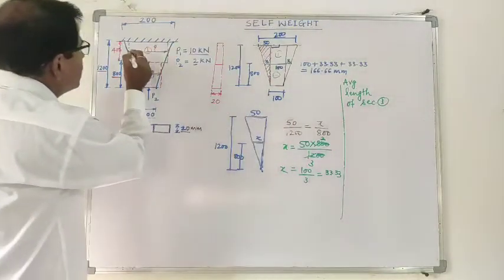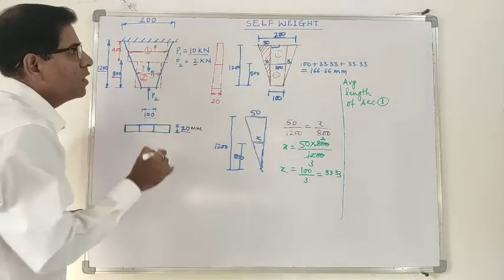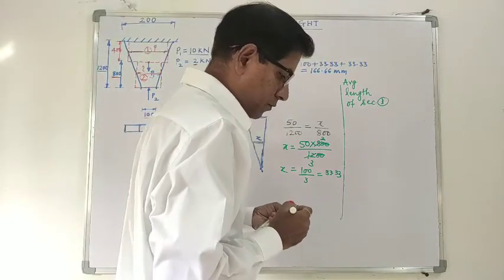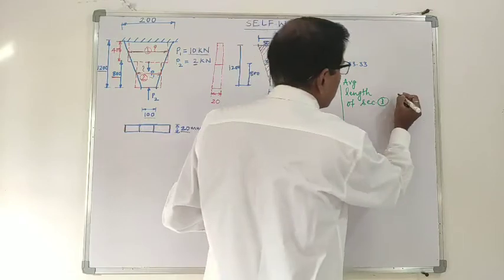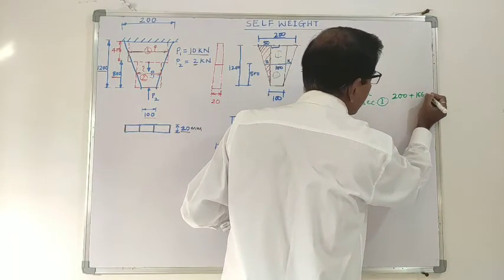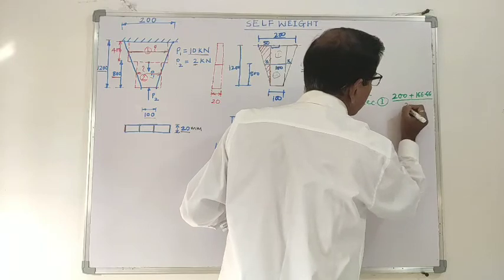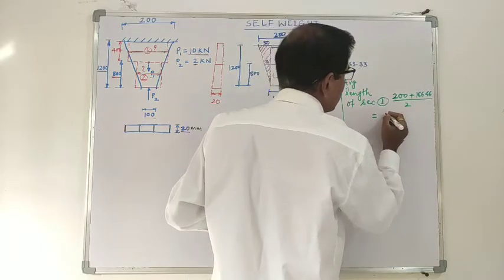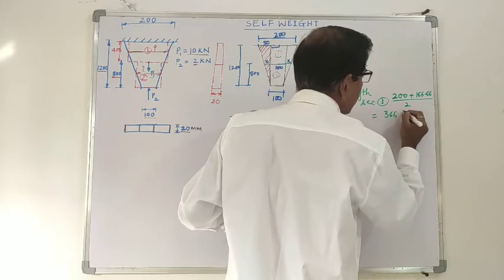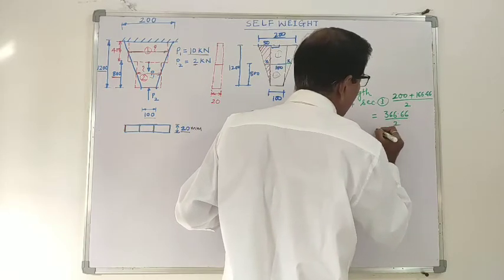This average length comes out to be 200 plus 166.66 divided by 2. So this is 366.66 divided by 2.